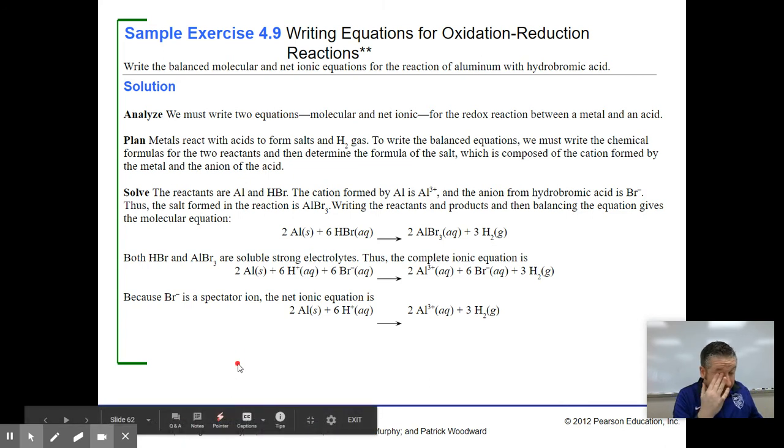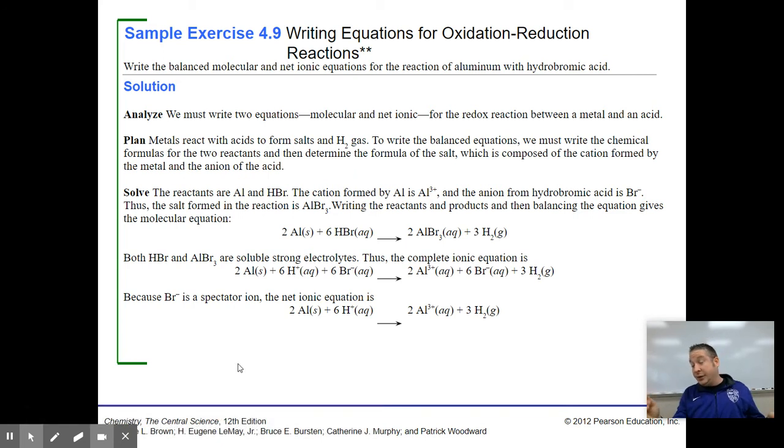We have 2Al solid plus 6H+ aqueous yields 2Al3+ aqueous plus 3H2 gas. So if we look at what's left in our ionic equation, we see that aluminum is in its elemental state.